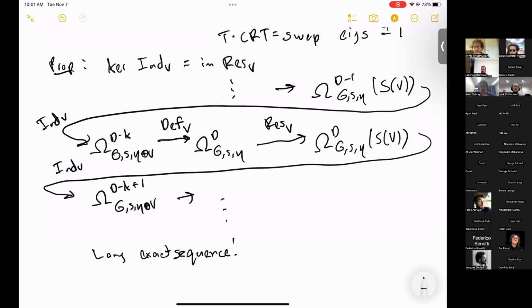Question. Is there a way to interpret this long exact sequence for anomaly matching as coming from some sort of short exact sequence that induces a long exact sequence? You're saying like in cohomology or something like that?